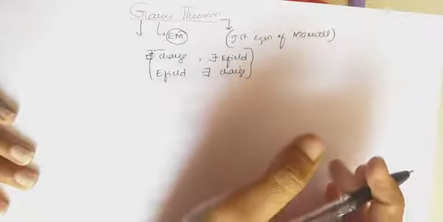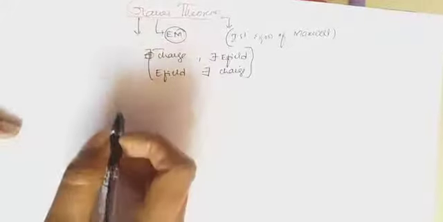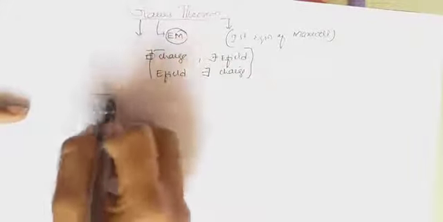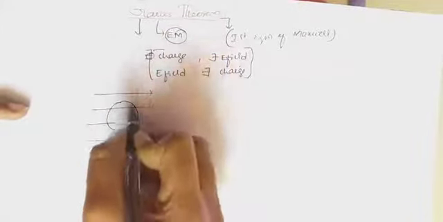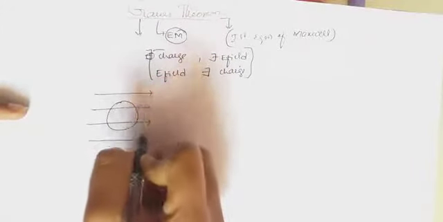Here, if we place a closed surface in some space where the electric field is there, then some flux is linked with that closed surface. Let us consider this is an electric field, and I am placing one closed surface inside the field.